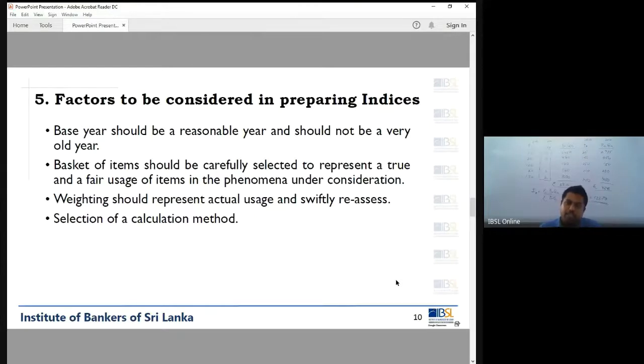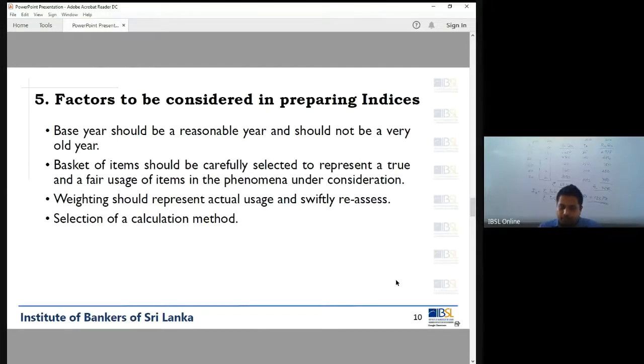First one, the base year should be a reasonable year and should not be a very old year. What is this trying to say? Let's say for instance, like GDP growth or inflation, you may select a very old year like 1980 or 1990 or year 2000 as a base year, and different rebasing will always adjust your index values over a period of time.